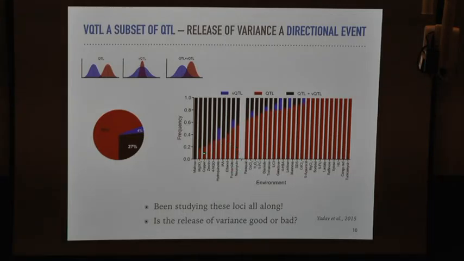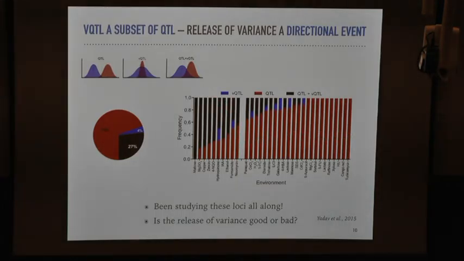What you can see is that, based on the environment, in certain environments only the mean QTLs are explaining the variance for that environment. In certain other environments, the both-QTL mapping was able to explain a significant proportion of the variation, or a significant proportion of the VQTL variants were able to explain variation in these sets of environments, and these are majority mean QTL.